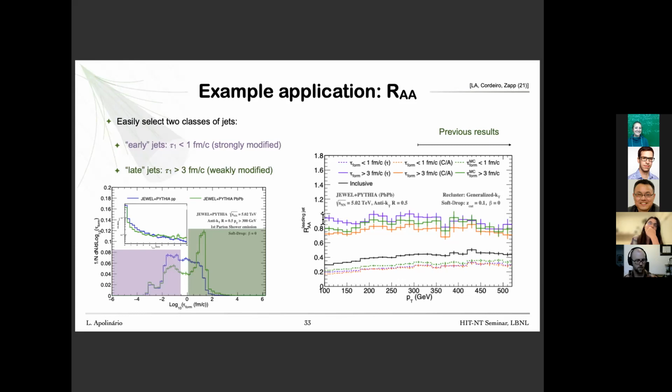I'm wondering why this peak structure is so far. It's almost at 2 or at 1, so that looks like a peak sitting at 10 Fermi. Is that correct? So you're saying that the majority of the splittings in this green curve, in this lead version, are happening with a formation time of, I don't know, 10 Fermi or 20 Fermi? Well, this peak structure is a little bit dubious, right?